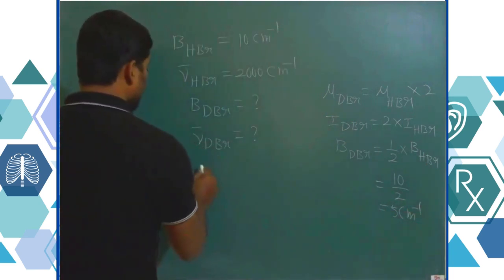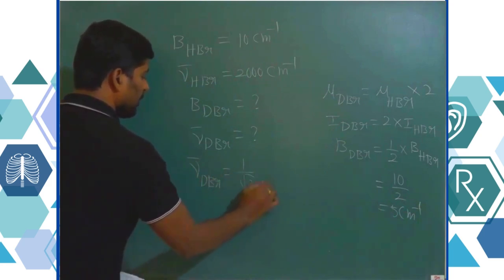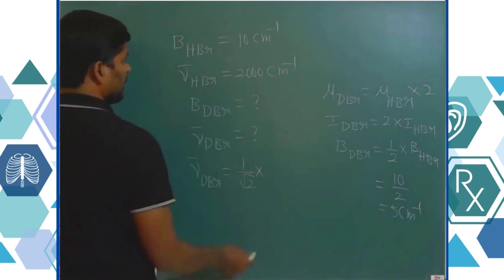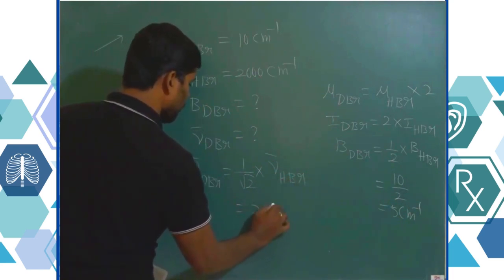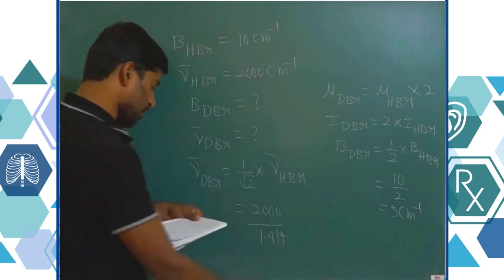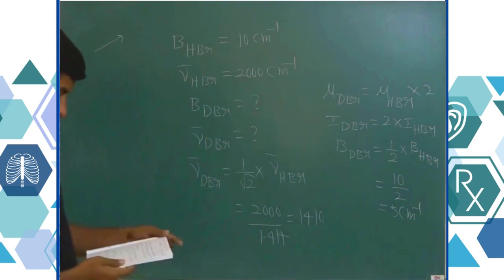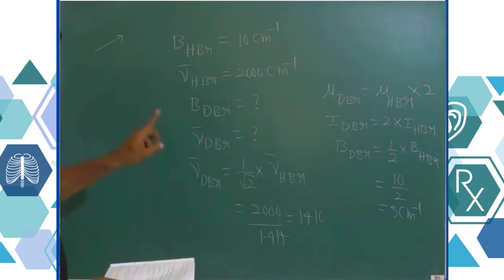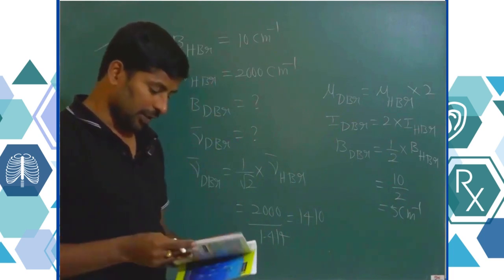And we already discussed that nu bar DBr is 1 by root 2 times nu bar HBr, that is 2000 by 1.414, nearly 1410. This is the rotational constant and vibrational frequency for DBr.